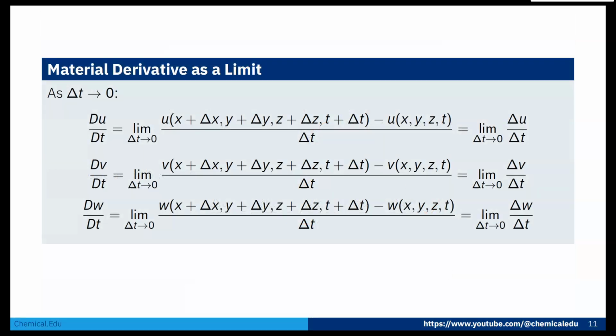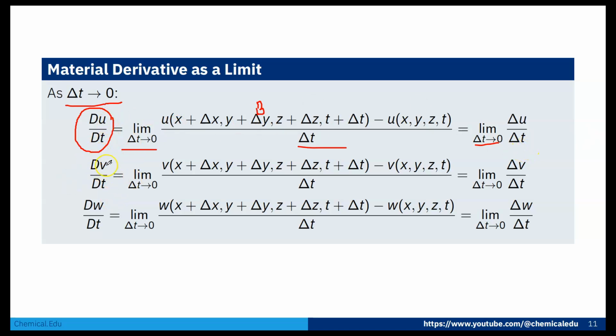Now if we take ∂t tends to 0, so we put the limit, that is the new velocity minus the old velocity by ∂t, as ∂t tends to 0, that is the limit of ∂u/∂t, which we can write as capital Du/Dt.